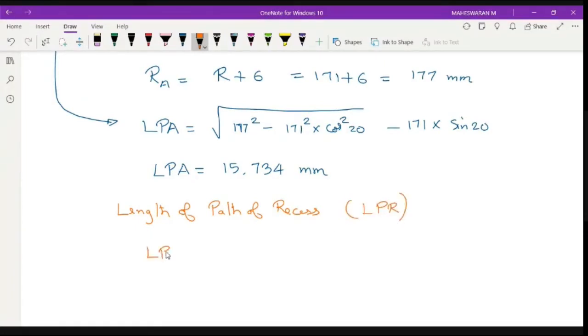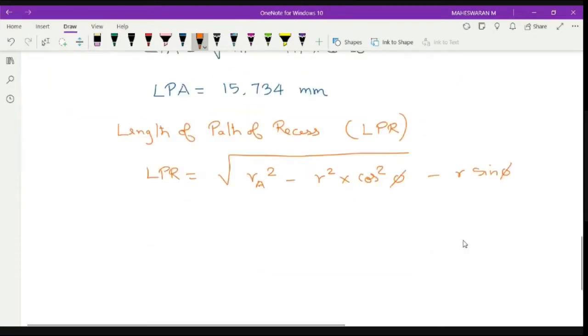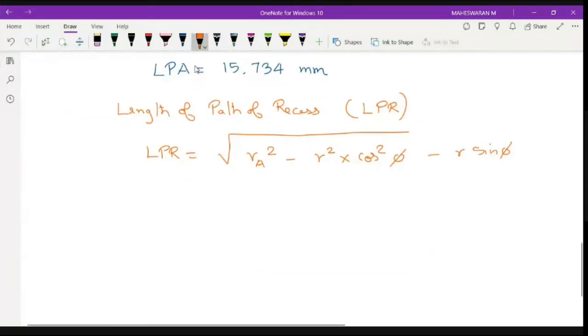So this LPR is equal to root of small RA square minus small r square into cos square phi minus r sin phi. So the procedure is the same. Again, I am going to use the module to identify the value.